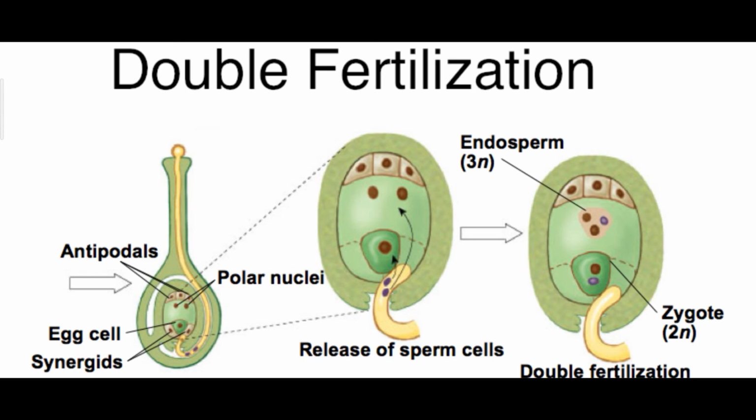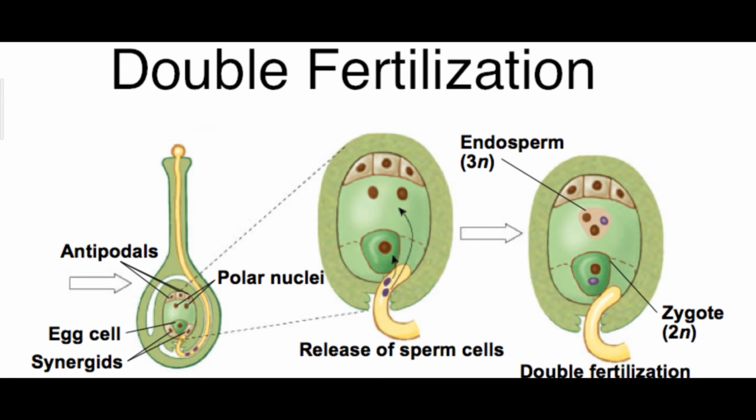That means the antipodal cells and the synergids will disappear and only two cells will remain, the endosperm and the zygote. After double fertilization, only these two cells will be there in the seed.